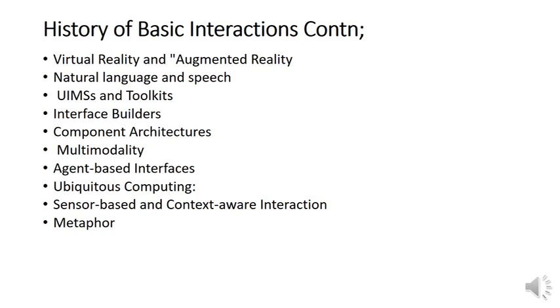Then we have UIMS and toolkits. We have the interface builder, component architecture, multimodality, agent-based interaction, then ubiquitous computing, sensor-based and context-aware interaction, and then the metaphor. All these things, you read them up in your main material.